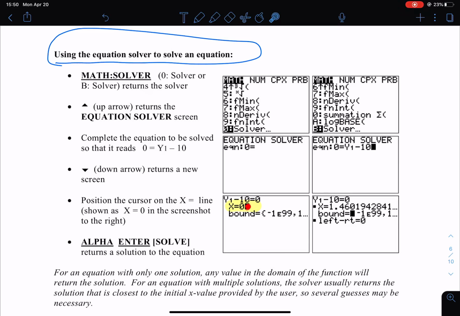But actually you can change the number here. If you change it to like 900, then after you use alpha enter, the answer you get will be the closest to the 900 here. Because sometimes the function may have multiple solutions, you can change the number here to find different solutions.